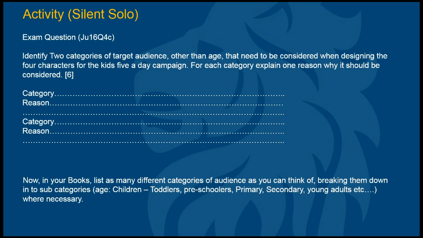So what are the categories that are going to come into play for this kind of activity that we're going to undertake? And then once you've done that, in your books, list as many other different categories of audiences you can think of using ones that I've already given you and ones that come to your mind, and then break all of those down as I did with the age thing, break them down as necessary.